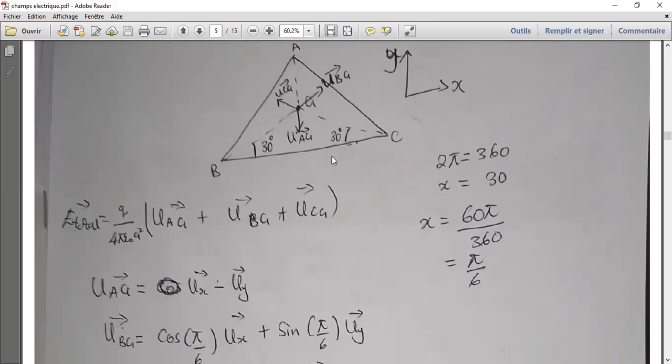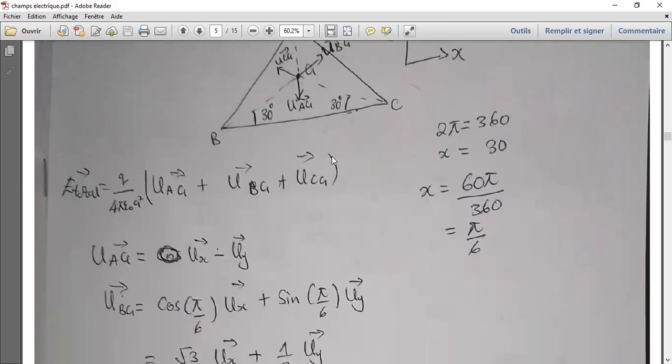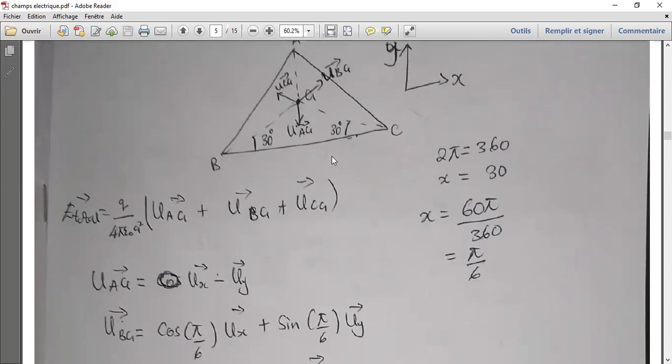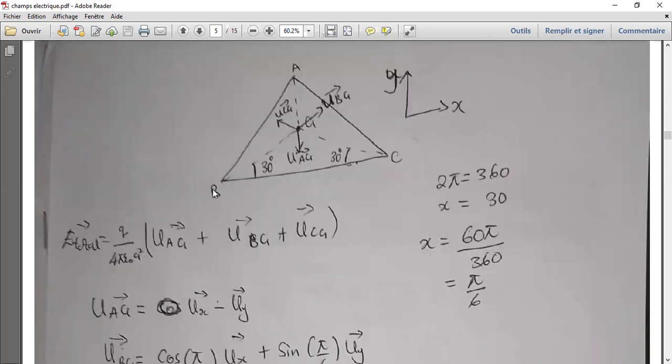Yes. Then now you go to vector BG, UBG. So UBG is this one. If you have seen here, this is the line which is making 30 degrees. So I'll get this line and write it here, in the middle.